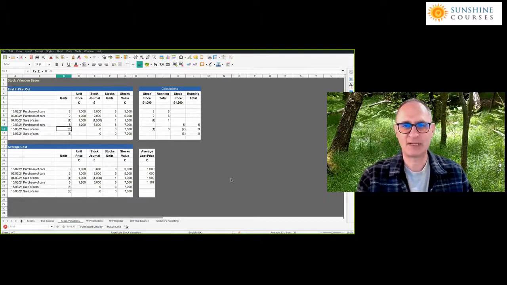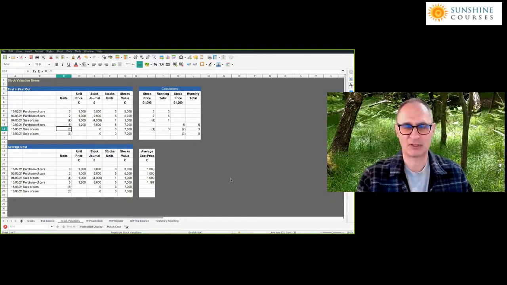The first in, first out basis says, if your stock prices change, of course, this is irrelevant if they don't change. It's only if they change you've got an issue. But if your stock prices change, use up all of the original cost first, and only then use the next level cost once you've used up all the first level cost.